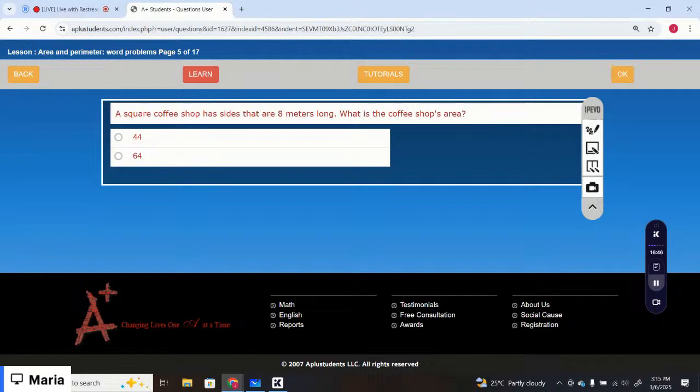A square coffee shop has sides that are 8 meters long. What is the coffee shop's area?